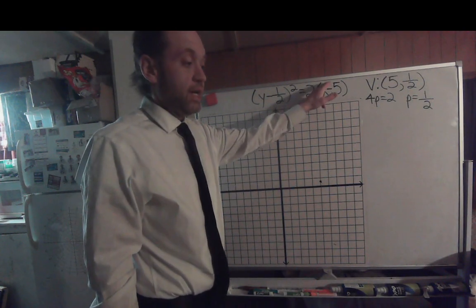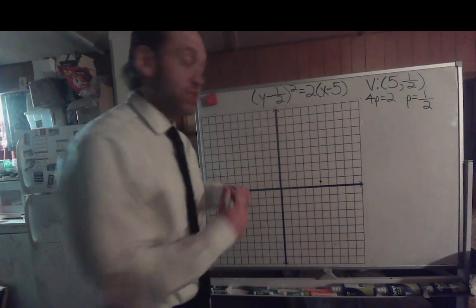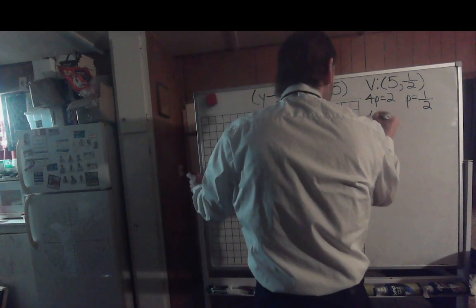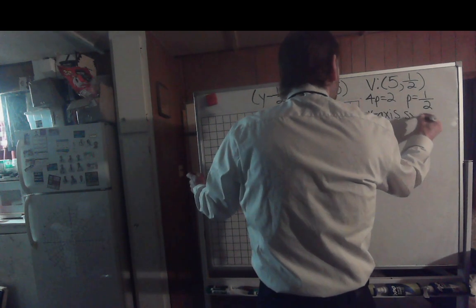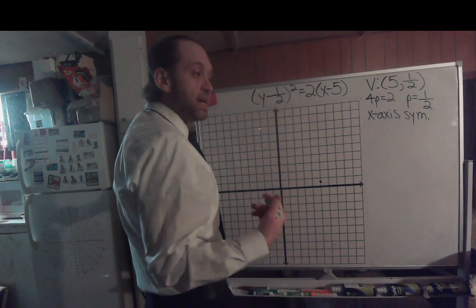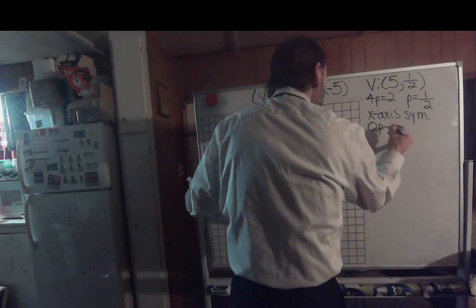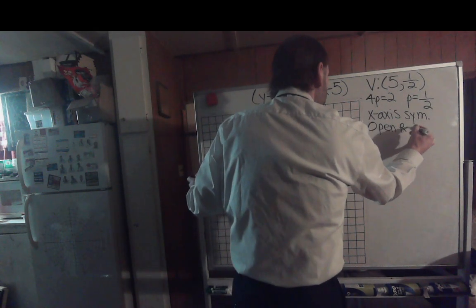It's x, right? That's the linear term. That means it's going to have x-axis symmetry. And furthermore, since p is greater than 0, and it has x-axis symmetry, this is going to open to the right. So the parabola will open to the right.